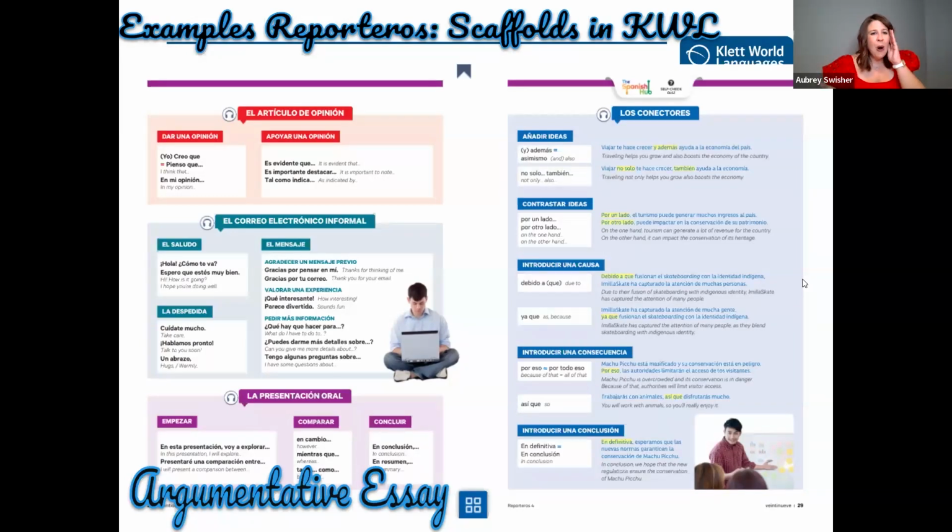And they have them all there. Like there's the email, there's a spoken presentation, and then we have things that are perfect for contrasting ideas, comparing ideas, adding ideas. Those are going to be used in both the cultural comparison and the argumentative essay.